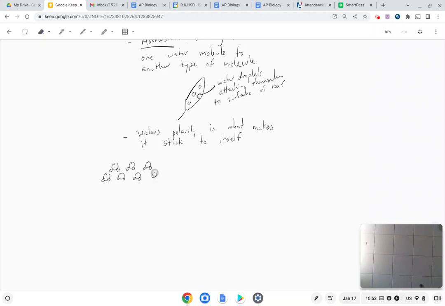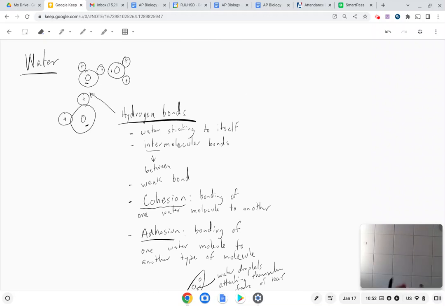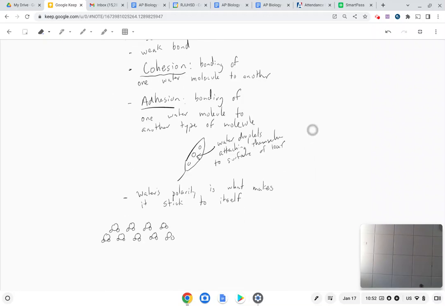Now notice that the reason these water molecules arrange themselves in such a fashion is that, like we said up here, the positive end has to connect to the negative end of the next molecule.